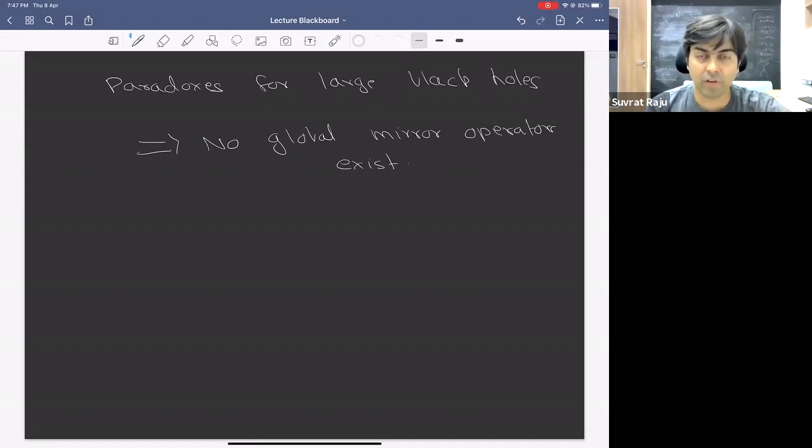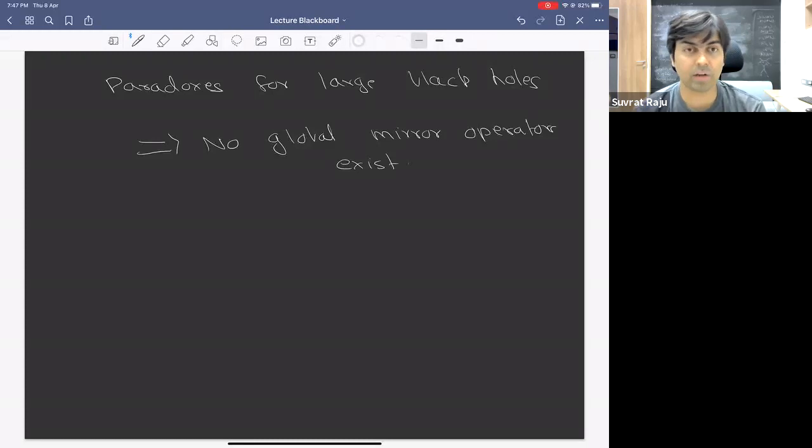But the paradoxes that we found tell us that we will never succeed in finding a mirror operator that works for all states. Because that was the point of the paradoxes: you cannot find something that works for typical states.